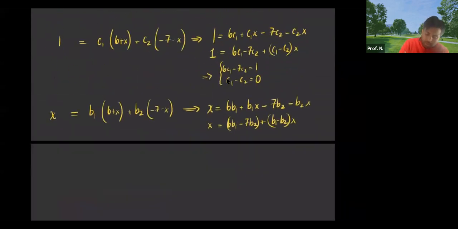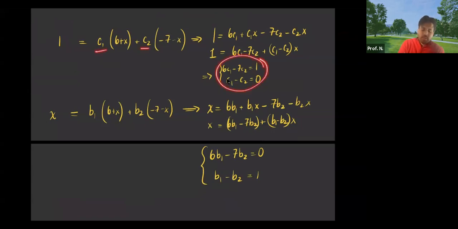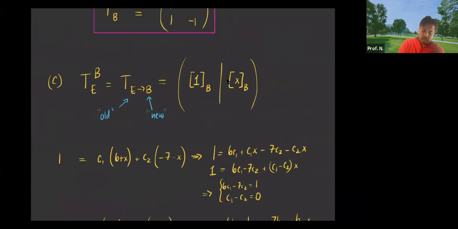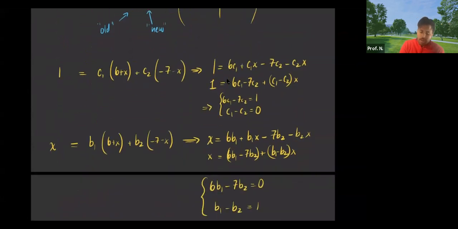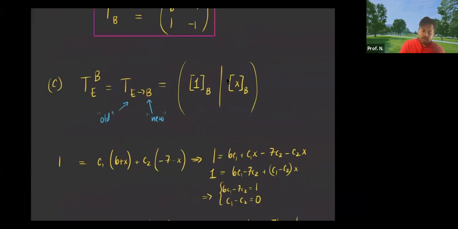But in order for this to be true, 6b1 minus 7b2 must equal 0, and b1 minus b2 must equal 1. Do you see this? If you solve the first system, you get c1, c2, and that will be the first column vector for the transition matrix. And if I solve for this, I get b1, b2, and this will be the second column. And then you get the answer.